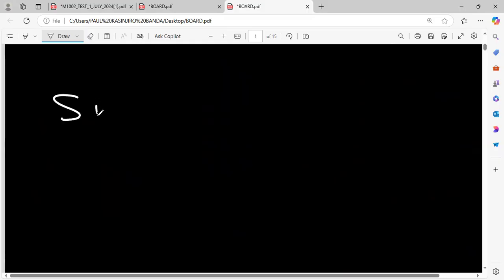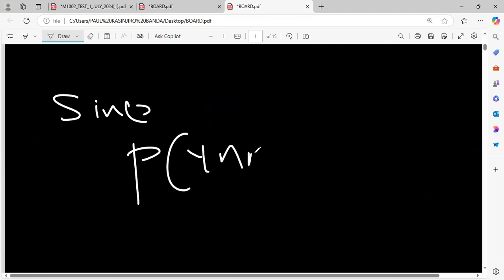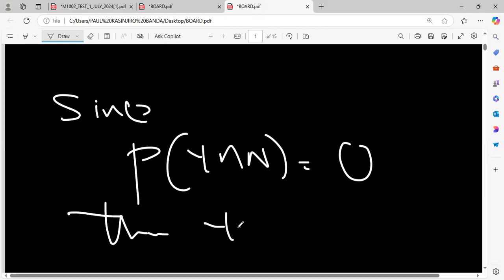So since the probability of yes intersection no is equal to 0, then yes and no are mutually exclusive. That's how you should do it.